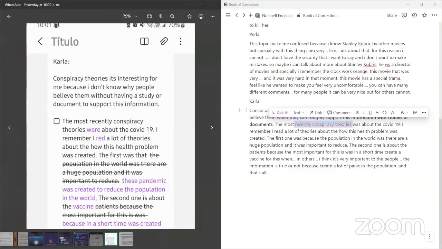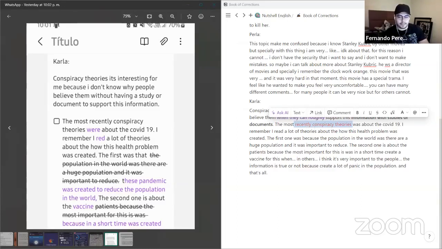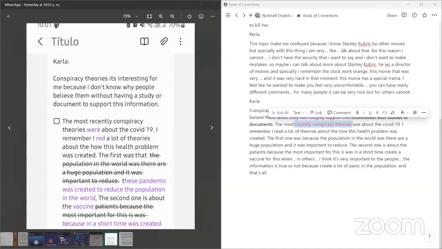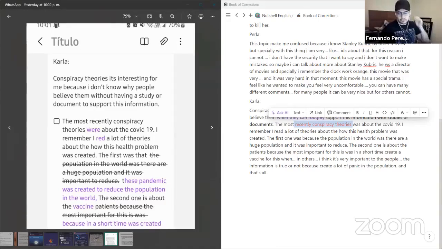What's the mistake here? Can you find it? It's in plural. Theories. That is actually right. The word theories has no problem here.